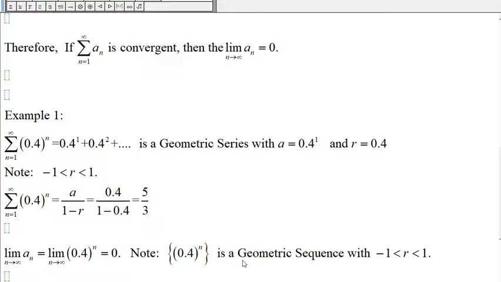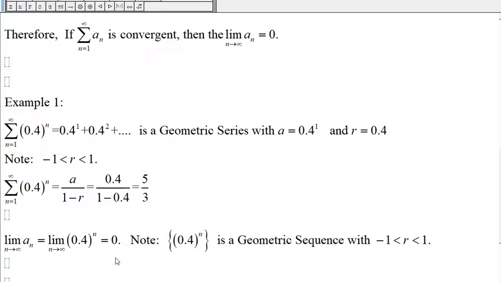And we know that if we have a geometric sequence and the common ratio is between -1 and 1, then the limit goes to 0. So again, the nth term test says that if the infinite series converges to a real number, in this case the real number 2/3, then the limit of the corresponding sequence goes to 0.